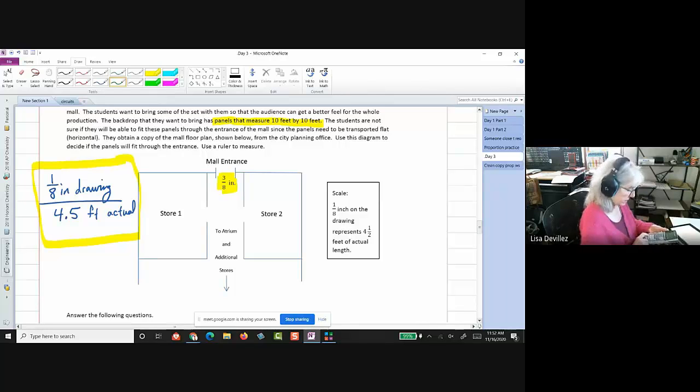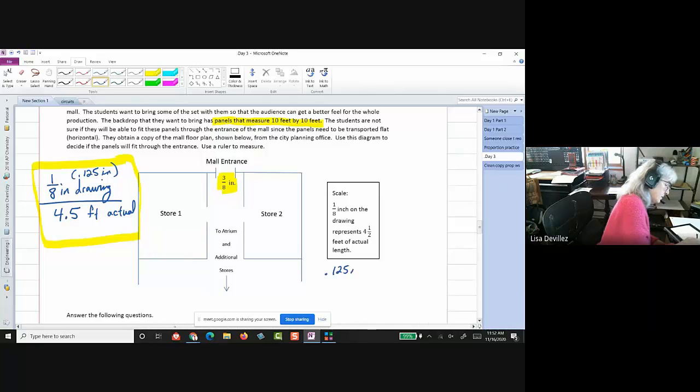I'm gonna convert 1/8 to a decimal. So 1/8 is 0.125 inches over.